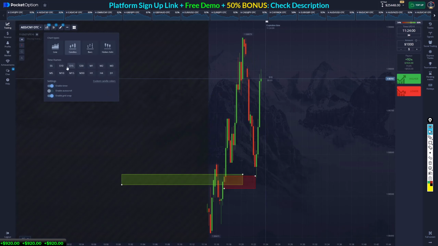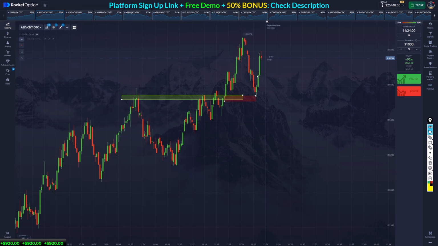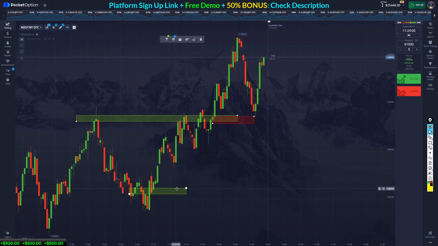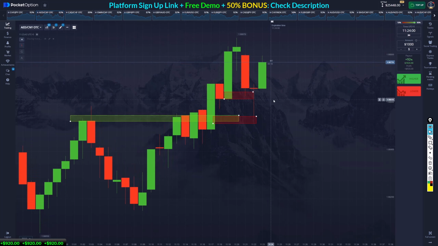This is only one of them. And recently I have been focusing on supply and demand, and it has been very good for me, at least. Look at that. This is the supply. And we took the trade, the first trade right here. It closed right here, so it was a win. And the second trade was here, okay?